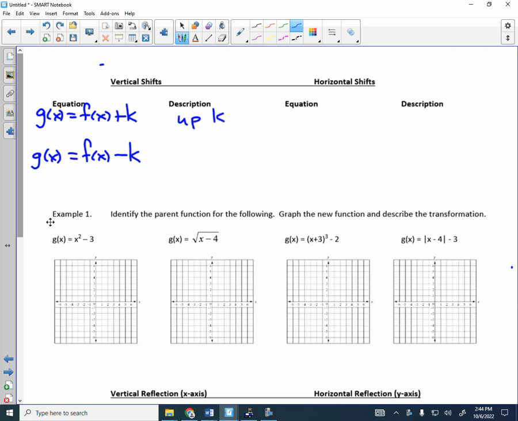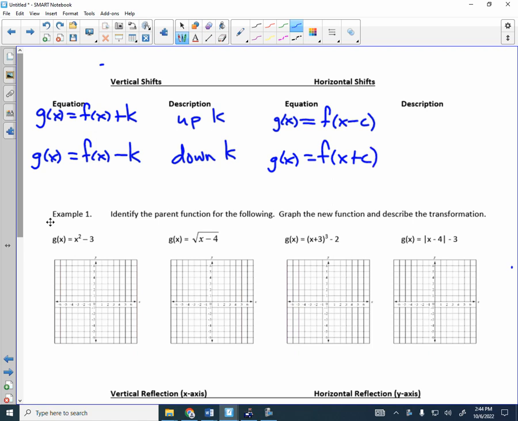And what do you think happens if we subtract k? It's going to move it down k units. That should be reviewed from last year. We could also take g of x and transform it to be f of x minus c, and g of x would be f of x plus c.